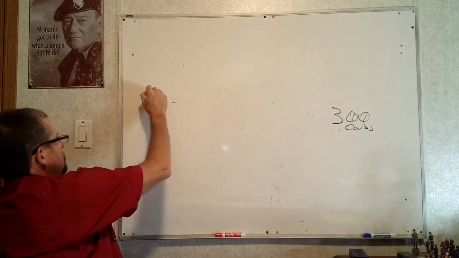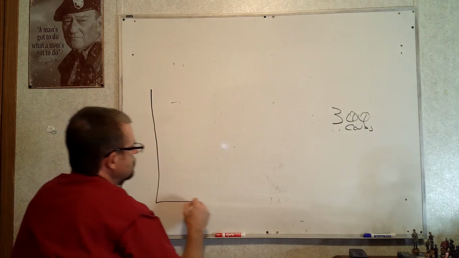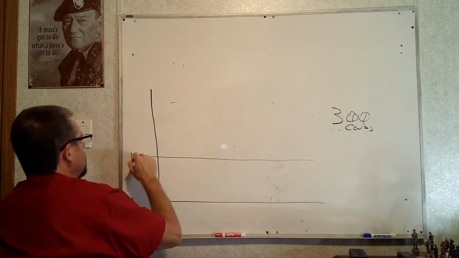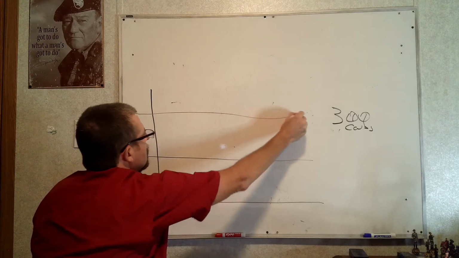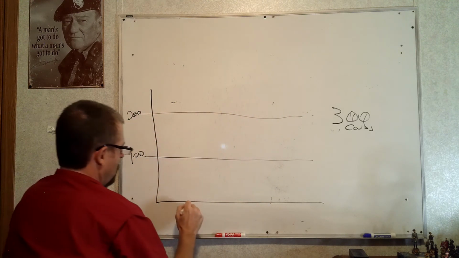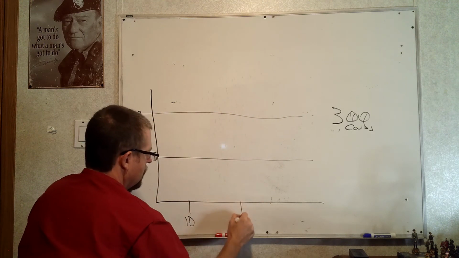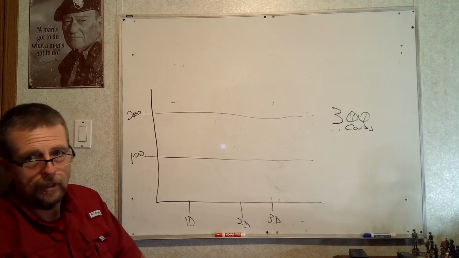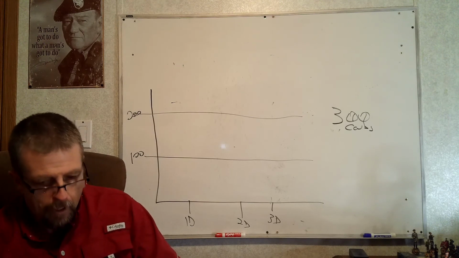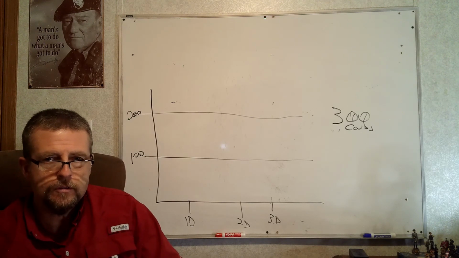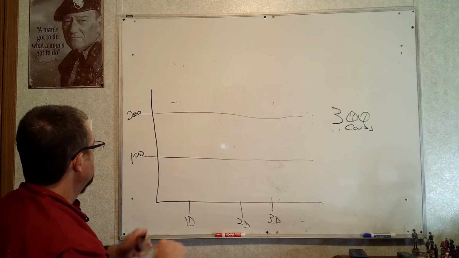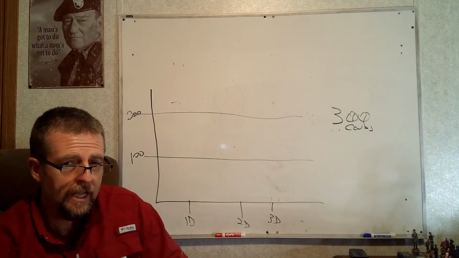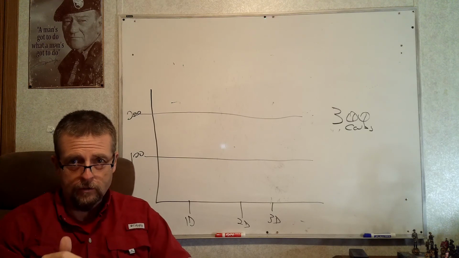100, 200. 1 day, 2 days, 3 days, etc. When your blood sugar drops, so let's say, well, first off, let's talk about how they control blood sugars and how they want them controlled.